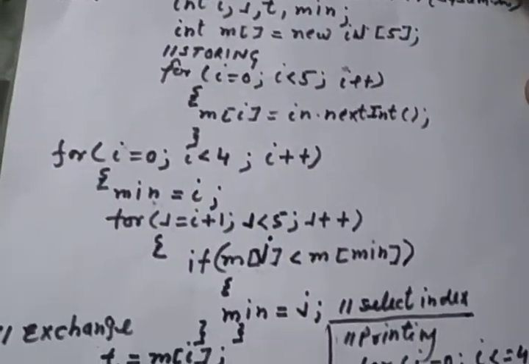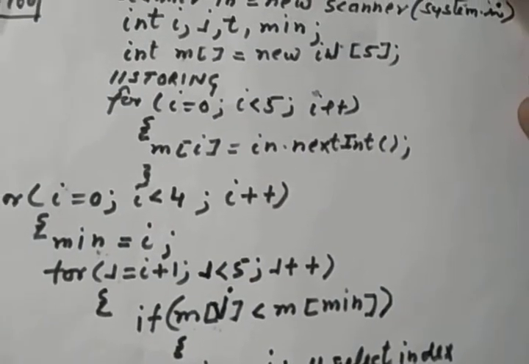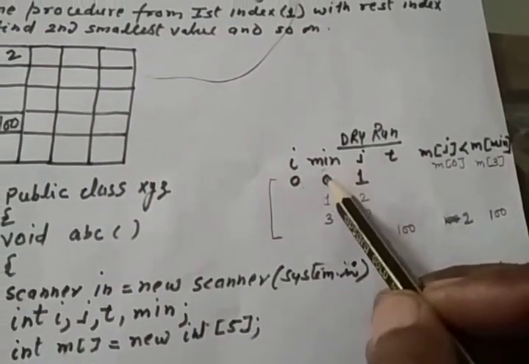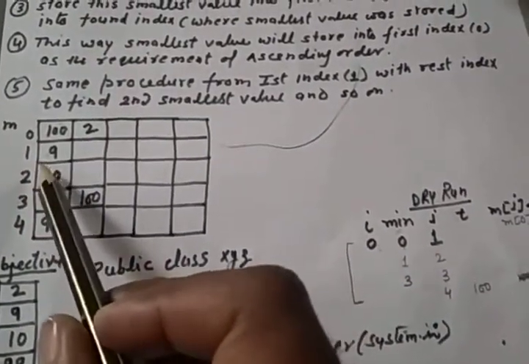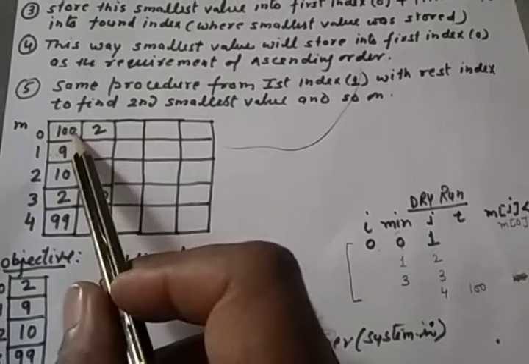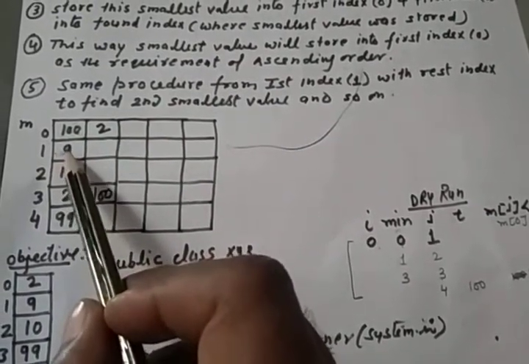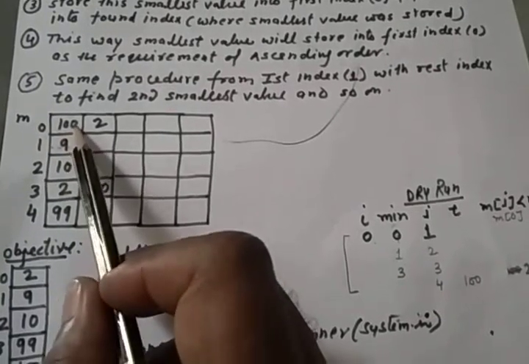If m[j] is less than m[min], what is m[j]? m[j] is the value at index 1 and m[min] is at index 0. That means 9 is smaller than 100.